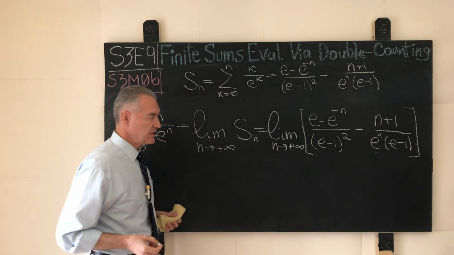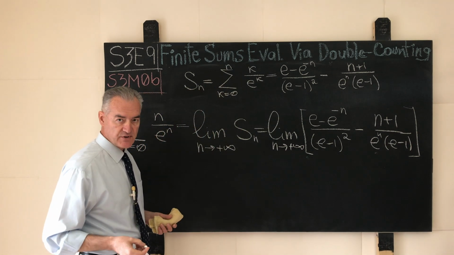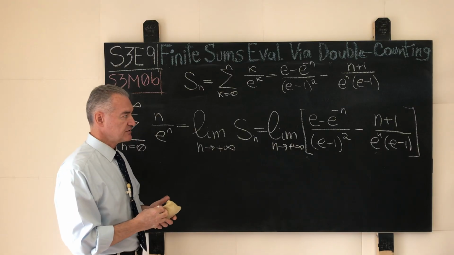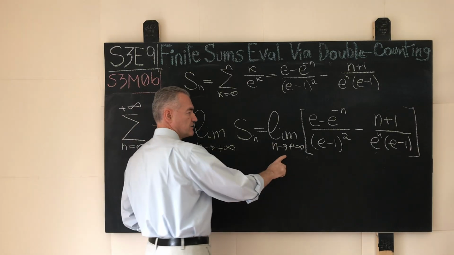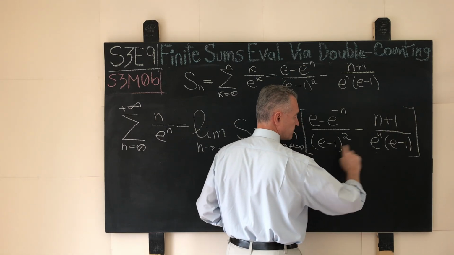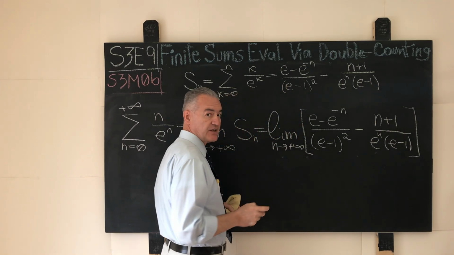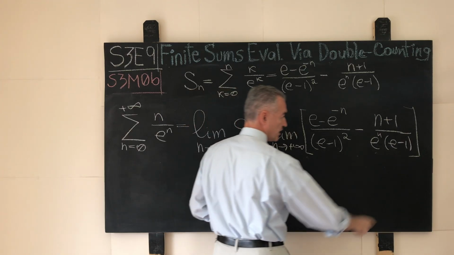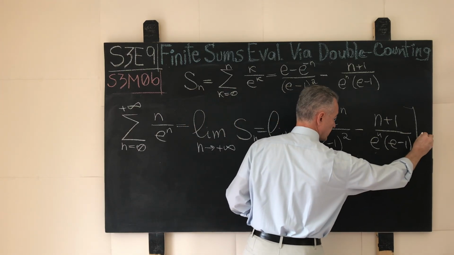And technically, pedantically, we take our favorite theorem from real analysis, which says what? The limit of a difference is the difference of the limits, provided that the limits exist. And in this case, these limits do. The limit of this, let's write it down like this.